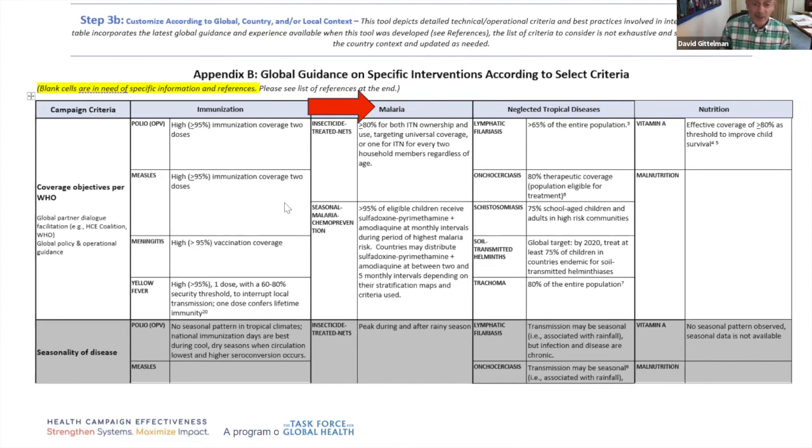We have similar things for SMC. And you can see across actually what this would mean for coverage, comparing coverage targets for polio, measles, vitamin A, and so forth. You could look at the seasonality patterns, which could actually influence the decision-making on integration between the various interventions. Going to the next page.